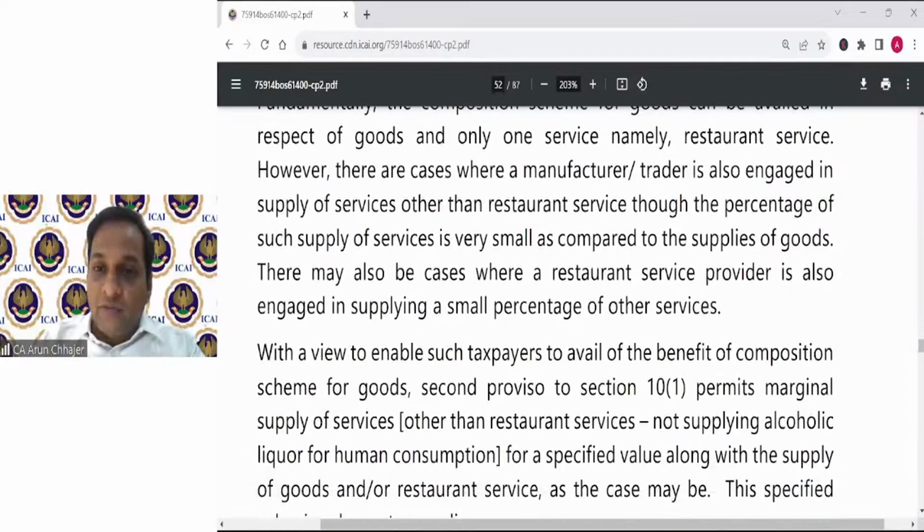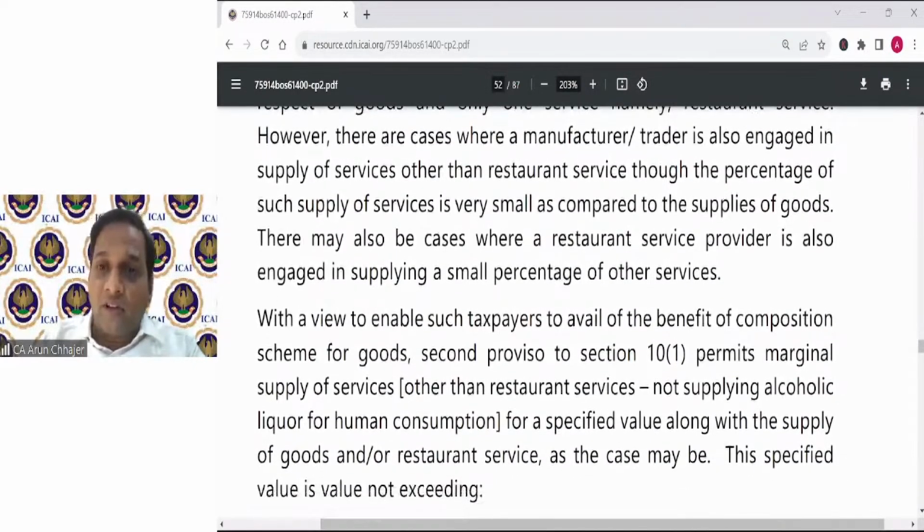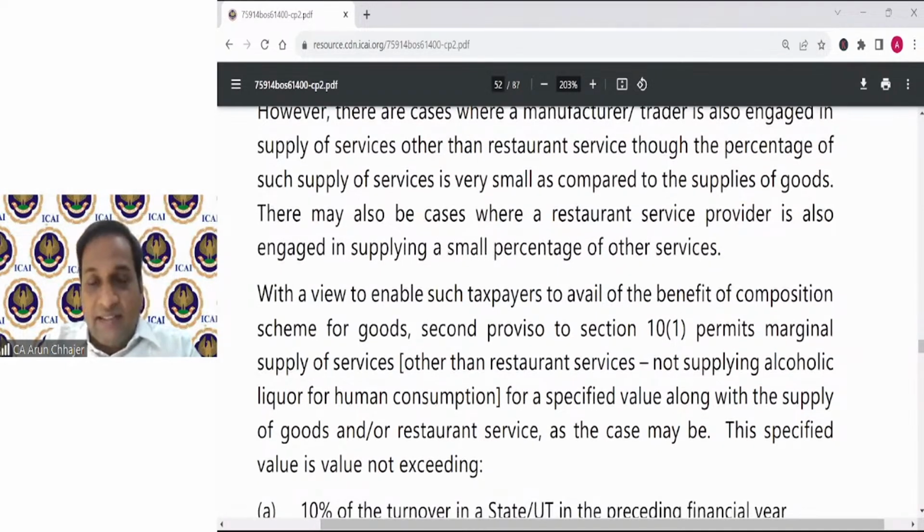There are also some cases where the restaurant provides a small percentage of services like delivery, for which they collect delivery charges. Probably it will be considered as goods only because it will be part of a composite supply, but that I'm not talking about.